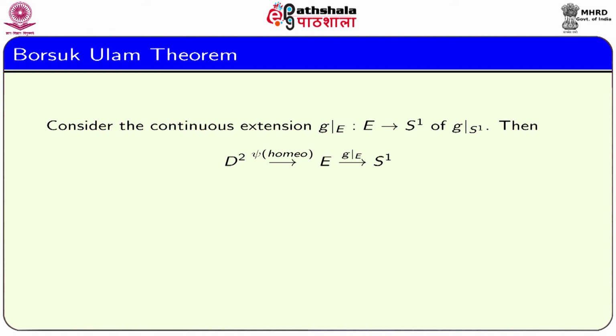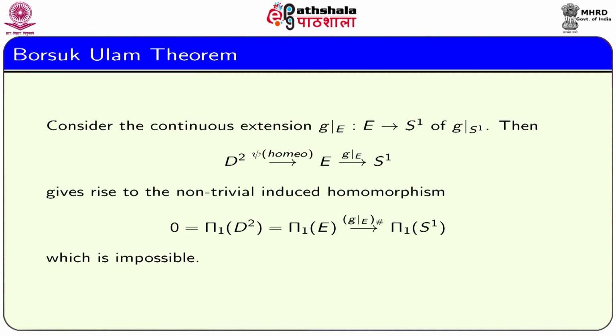Then we have the sequence of functions like this, that psi is a homeomorphism from D2 to E, and G restricted to E is a continuous function from E to S1, and this gives rise to the non-trivial induced homomorphism G restricted to E sharp from pi 1 E to pi 1 S1.